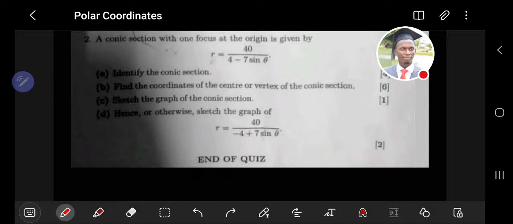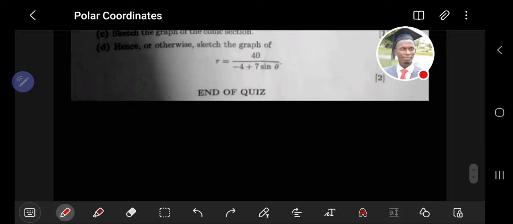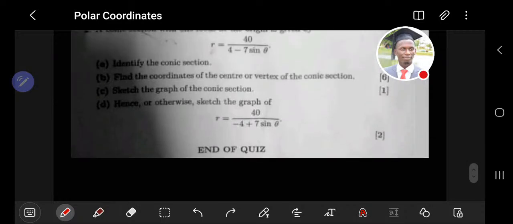Next, sketch the graph, hence or otherwise sketch the graph. Okay, so now they're just making it different. The difference, of course, is here this is positive, this is negative. Now this is negative, this is positive. So there's not going to be much to do there to sketch the two graphs. Let's see how it goes.